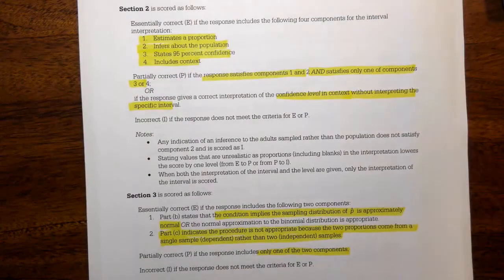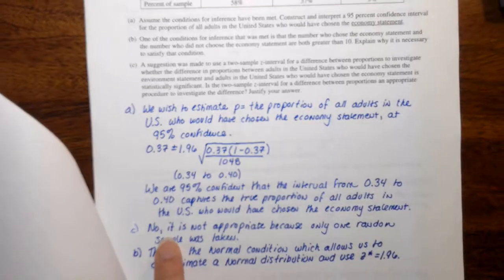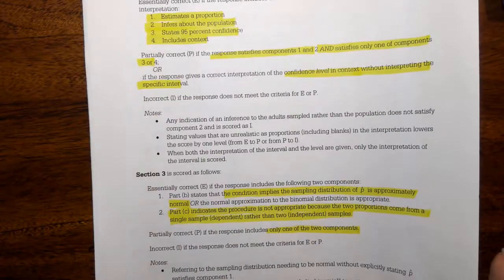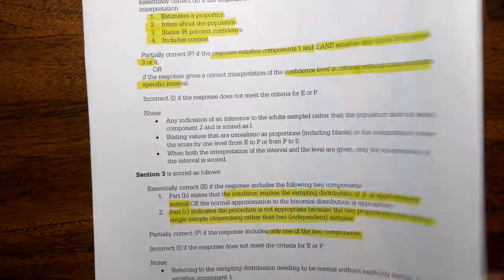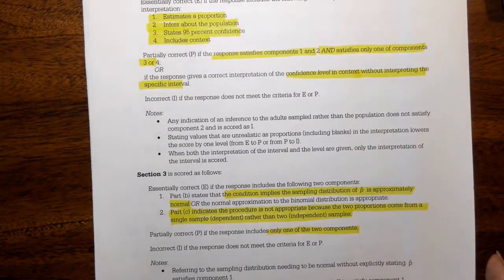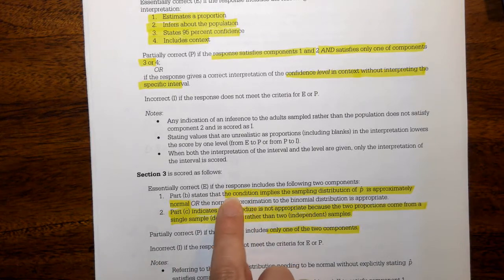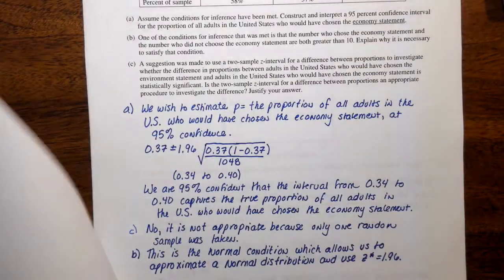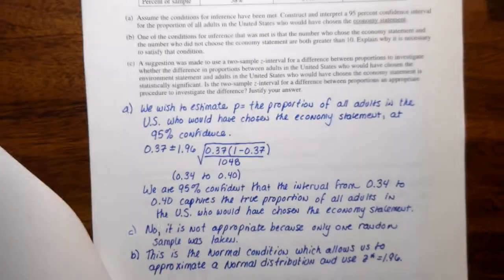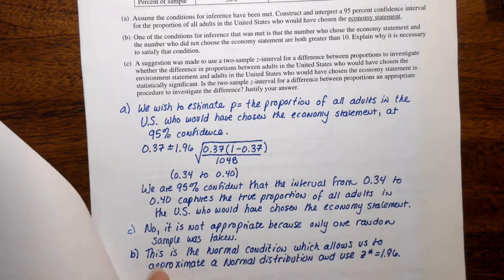Okay, section 3 is conditions, it looks like. Oh, no, it's what we're doing, part B. Okay. The condition implies the sampling distribution of p hat is approximately normal. Did I not do B? Oh, they're flipped.